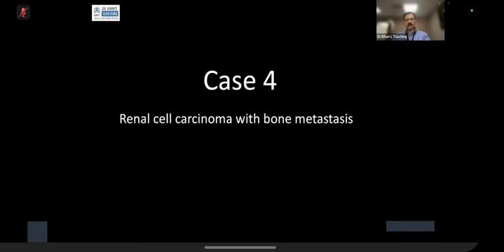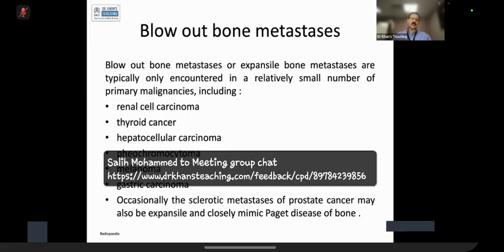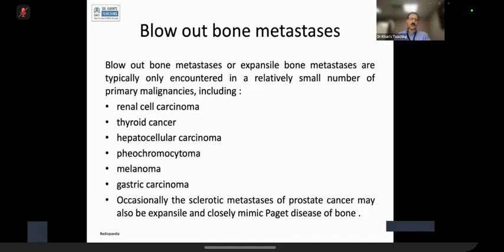Renal cell carcinoma with bone mets. The idea here is there are metastases which cause what we call blowout bone metastasis or expansile bone metastasis. Whenever you see them, the top two tumors are renal cell carcinoma and thyroid carcinoma.